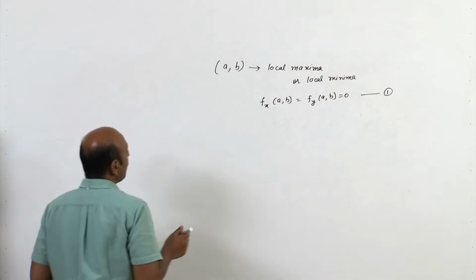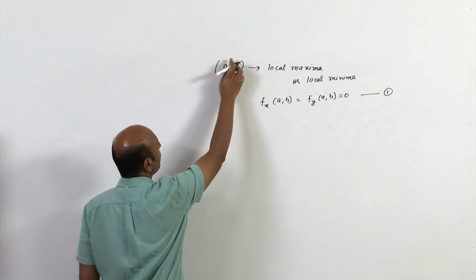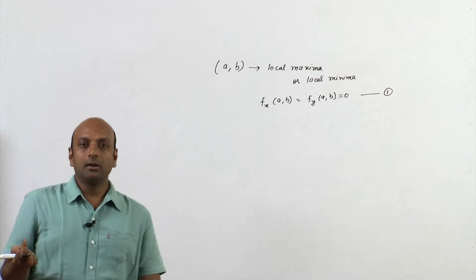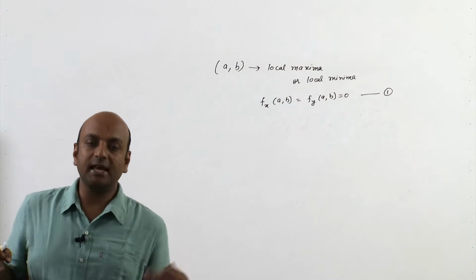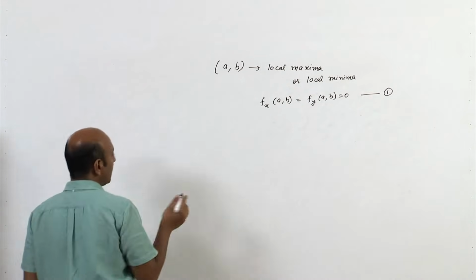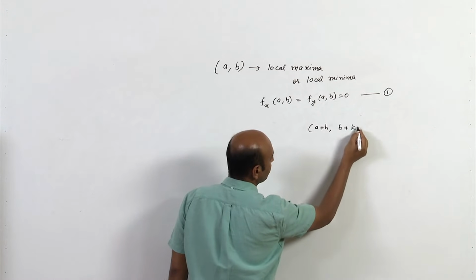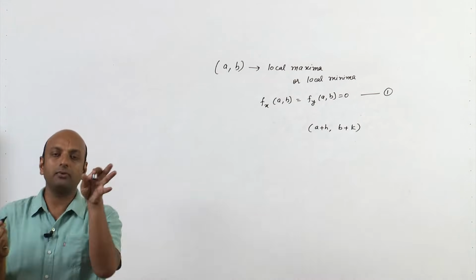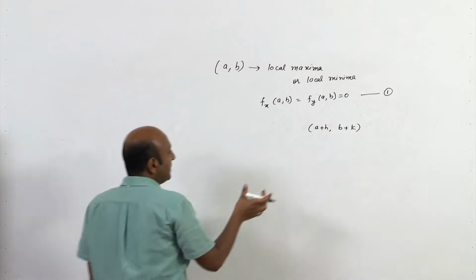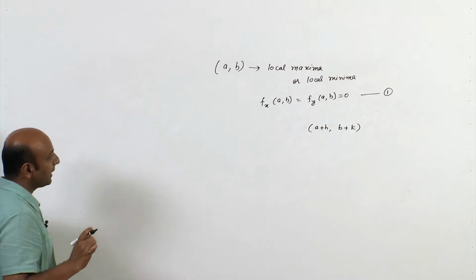Now, take a point in the open disk centered at (a, b), say (a plus h, b plus k), which is near (a, b). You can always find such a point in the open disk centered at (a, b).